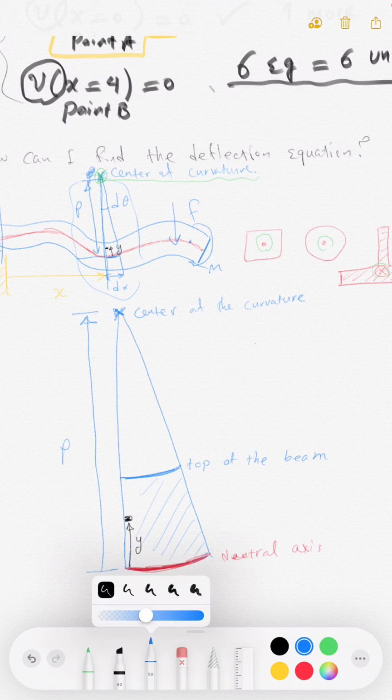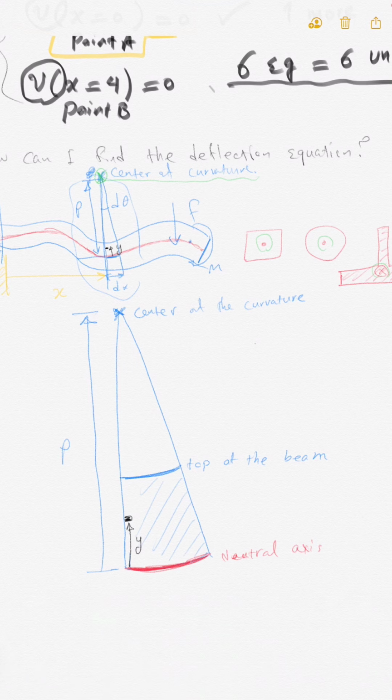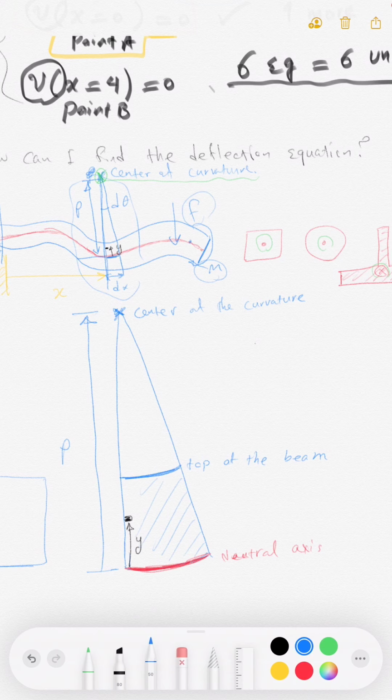Also, you know that if the beam is not deformed, as we discussed before, let's put it on the left, the undeformed shape of the beam. Look at it. This is an undeformed shape of the beam before we apply the moment M and force F. So if I consider the undeformed shape of the beam, this is my neutral axis.